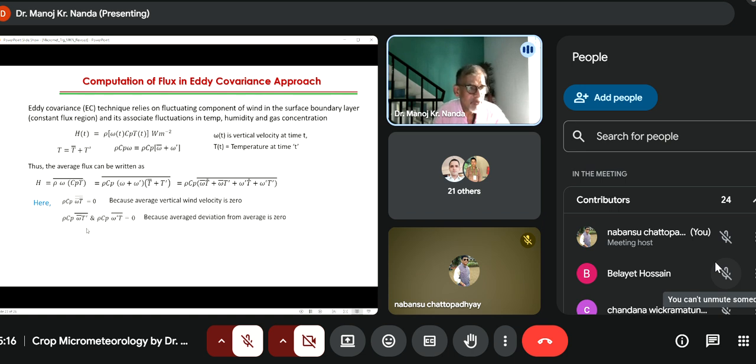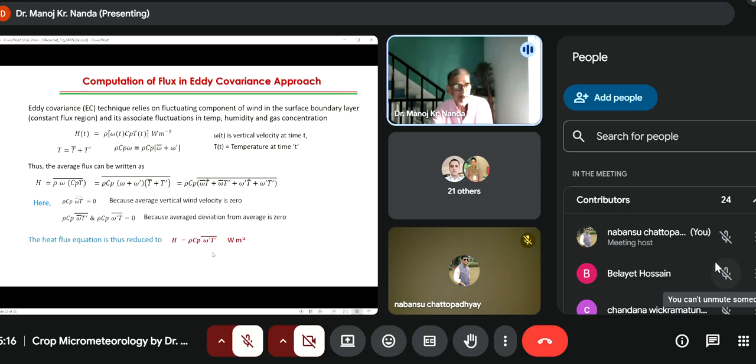The same thing holds for the average of fluctuations; this is becoming 0 and this is also becoming 0. So only one thing remains, that is fluctuation into fluctuation. That particular term is remaining.